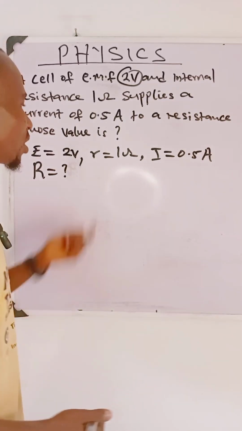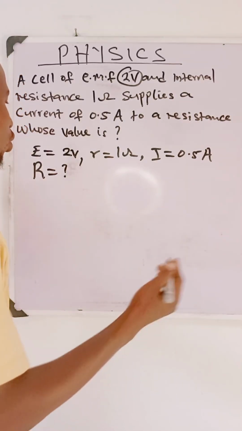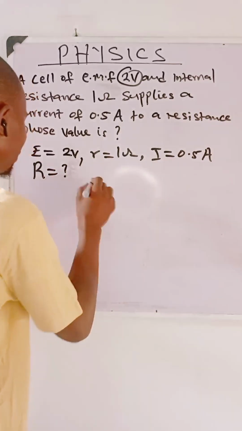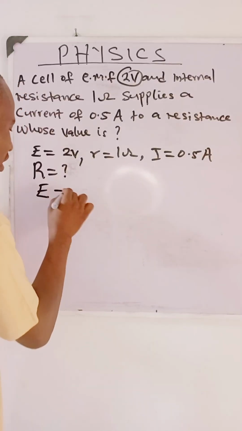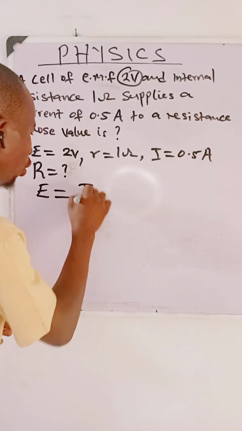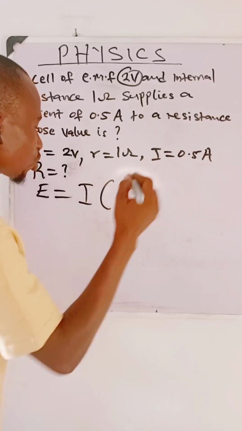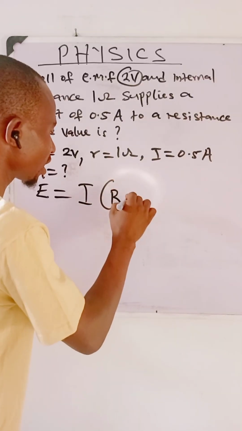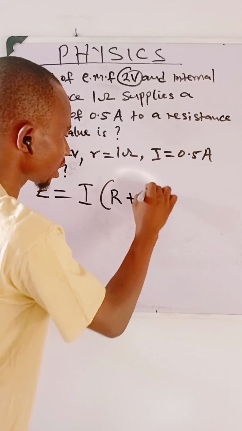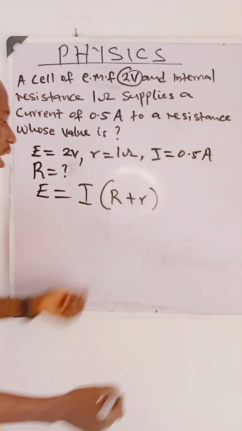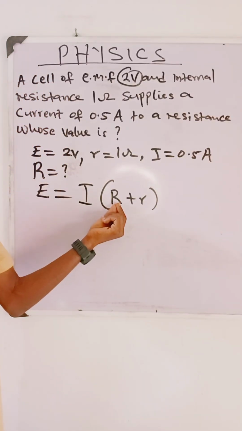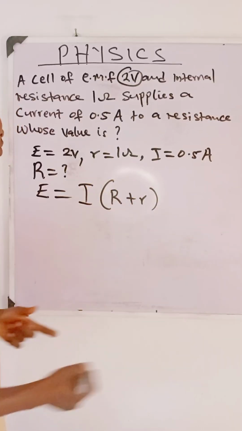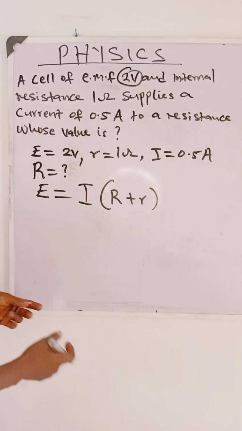Good. Now, what's the relationship we are going to use? We know that E, that's the EMF, is equal to current times the total resistance in the circuit, which is the summation of the external resistance plus the internal resistance. And it is the external resistance R they ask us to calculate. So let's substitute and see what we are going to have.